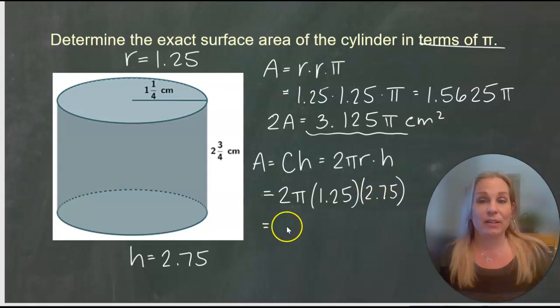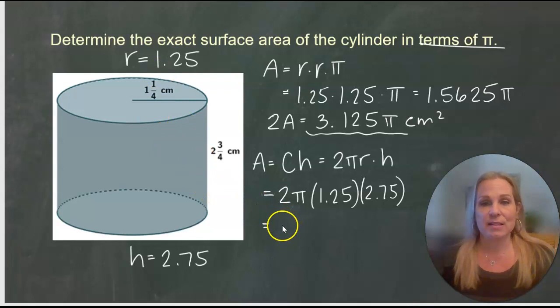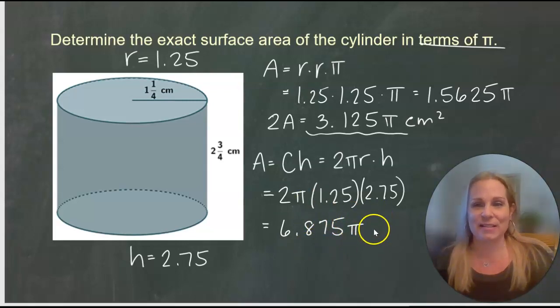All right, let's put that all in the calculator, except for the pi, of course. 2 times 1.25 is 2.5. So 2.5 times 2.75 is 6.875 pi, and that is also square centimeters.